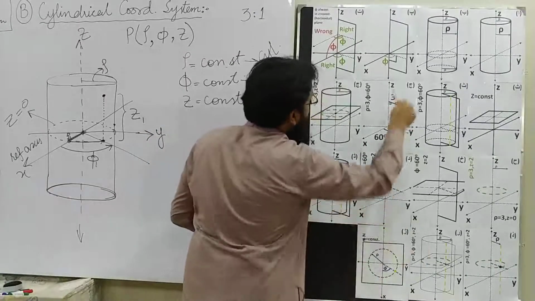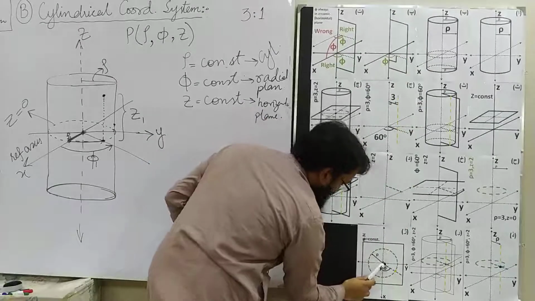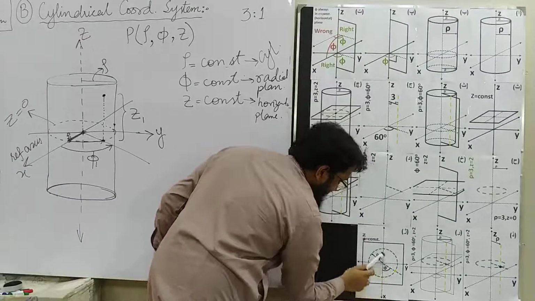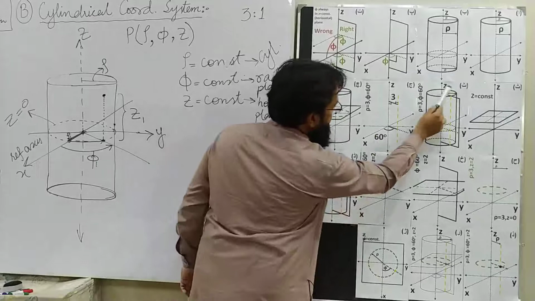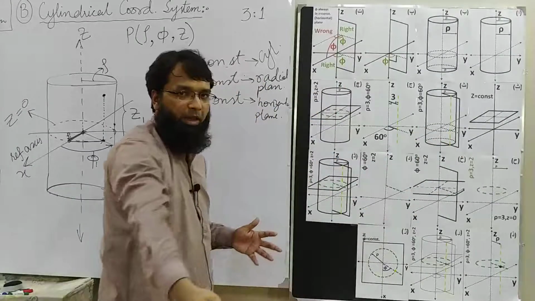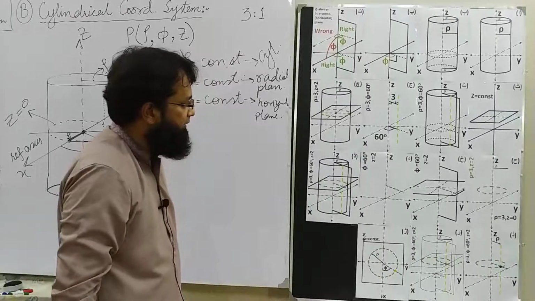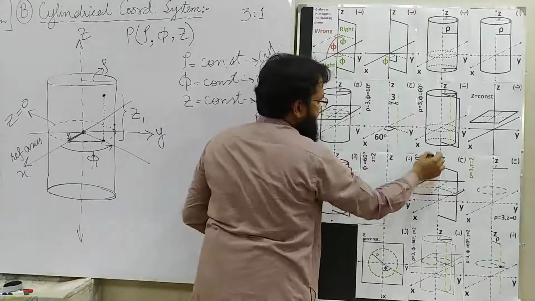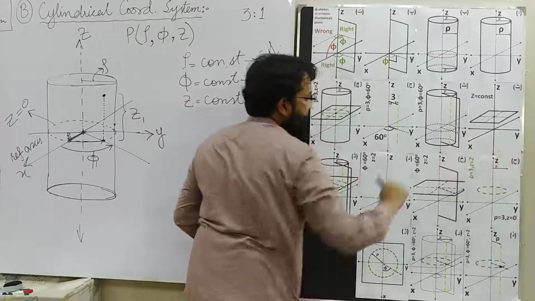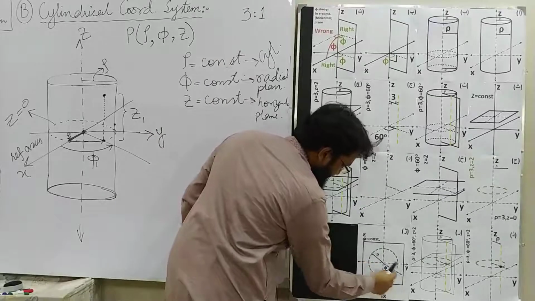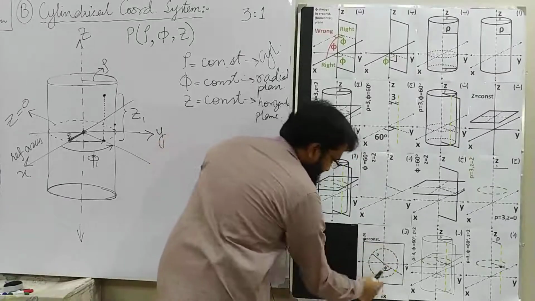So this line is nothing but the radial line of this circle in two dimensions. In three dimensions, this plane is the radial plane of the cylinder, which starts from the central axis, from the origin, and goes through the circumference of the circle.